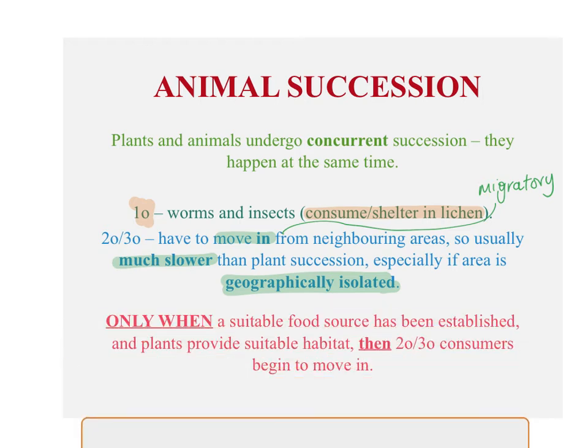Okay, now the key thing to note with this animal succession is that it only happens once a suitable food source has been established and plants are able to provide a suitable habitat. So it might be hiding, it might be a soft enough soil to make a den, it might be soft enough soil to be able to burrow.